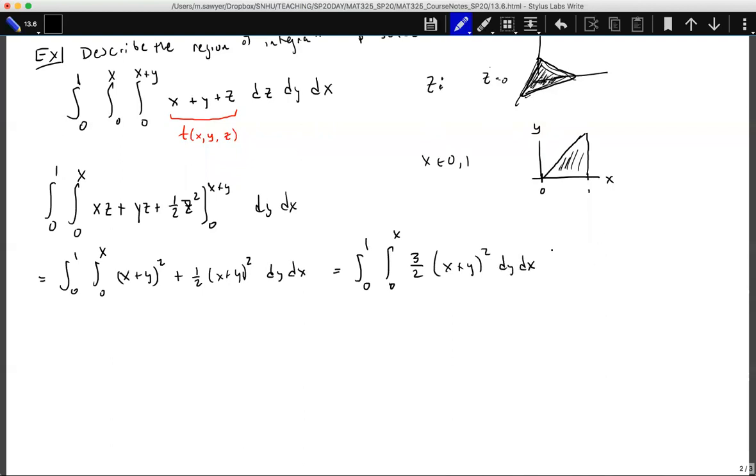This is a nice little u substitution. We can let u equal x plus y. So if u equals x plus y, du equals dy, with respect to y. And so then we have 3/2 u squared.